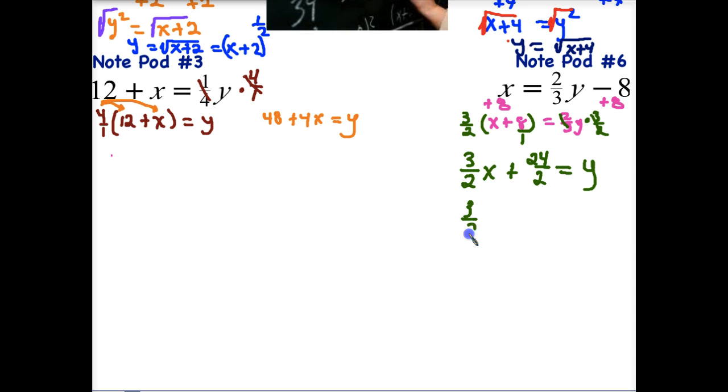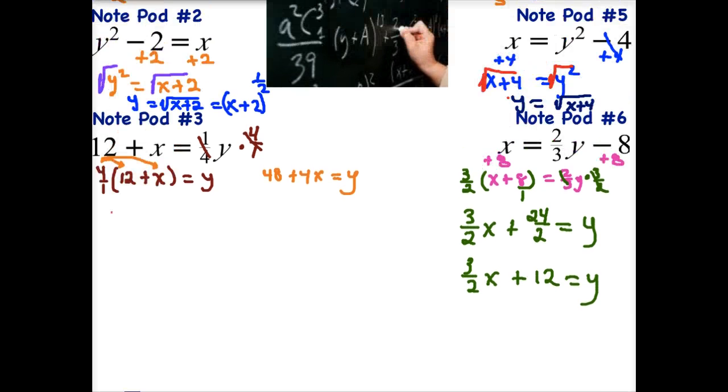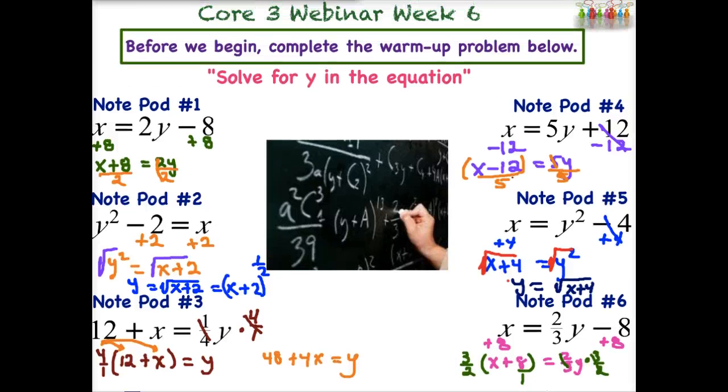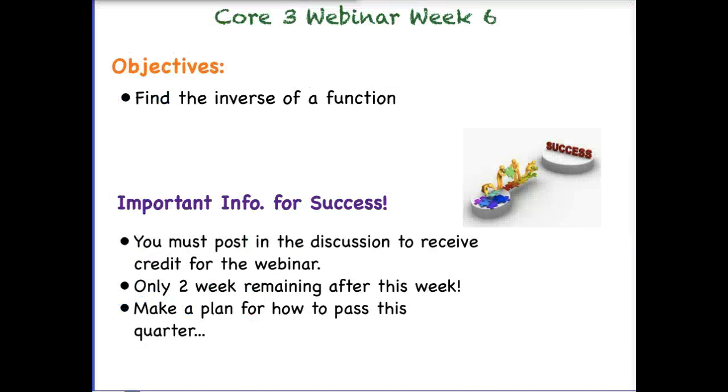Or we could simplify even more and get 12. Okay, so lots of options for you guys. All right, any questions on solving for y? You guys all good?